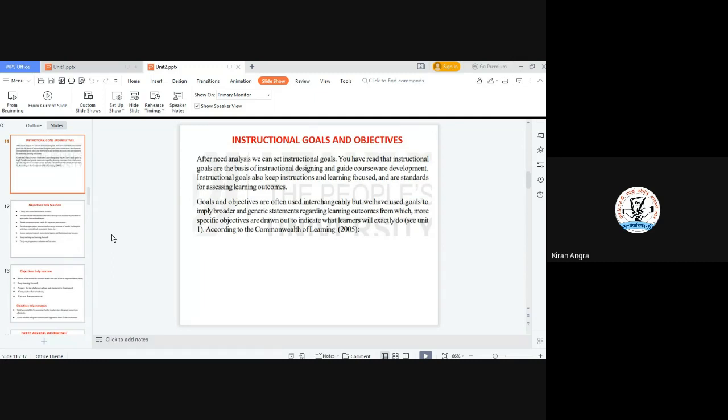So they are very specific, drawn to indicate what exactly you have to do in this block, right?